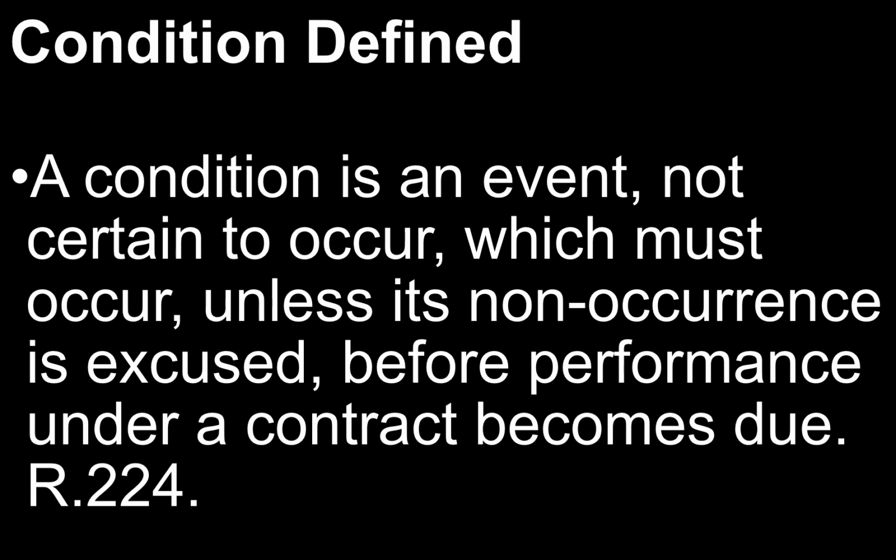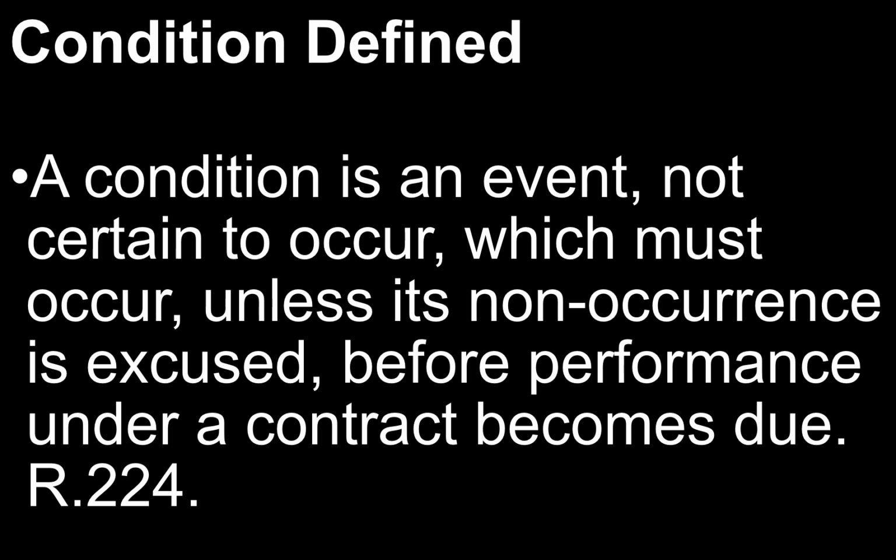The Restatement of Contracts Second, Section 224, defines a condition as an event not certain to occur, which must occur unless its non-performance is excused before performance under a contract becomes due. In the case that we just saw, Abby made it clear that she did not want to buy the car unless it passed emissions testing.